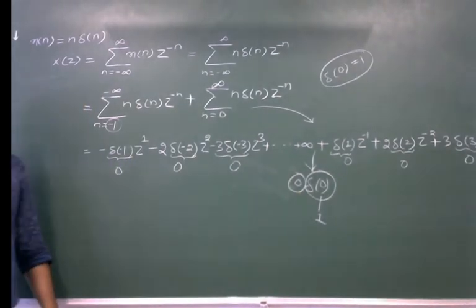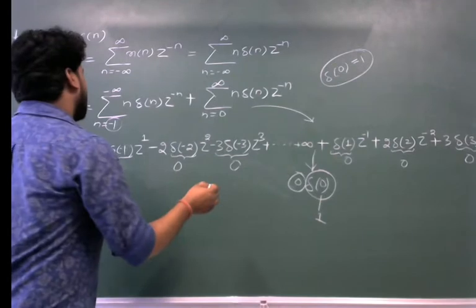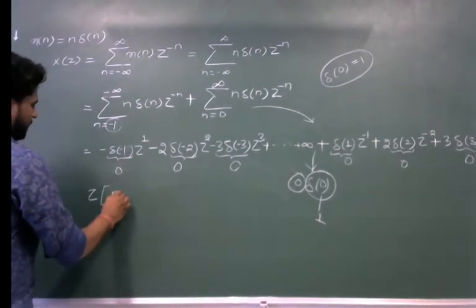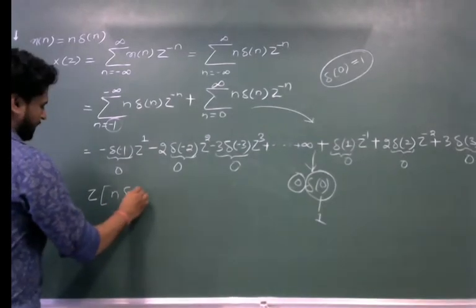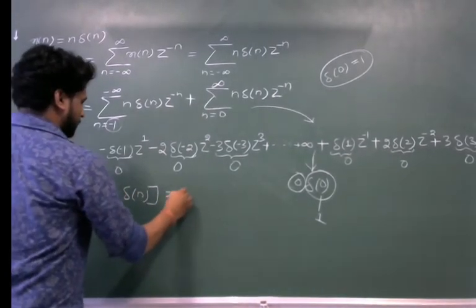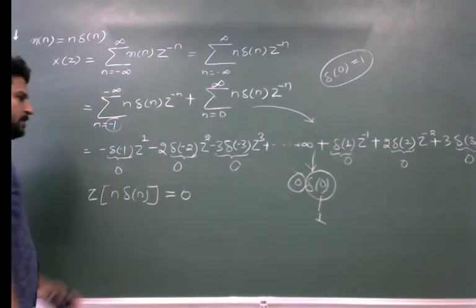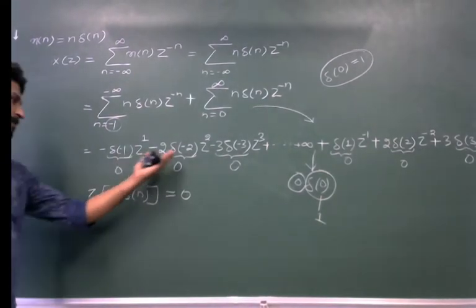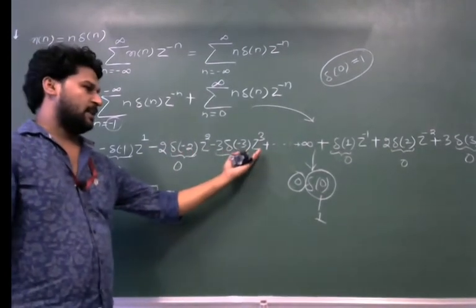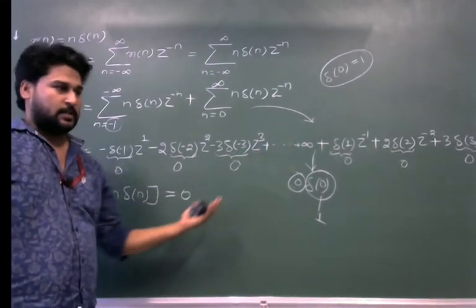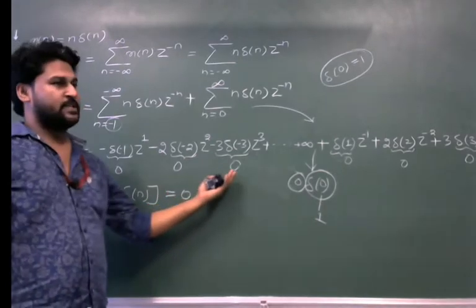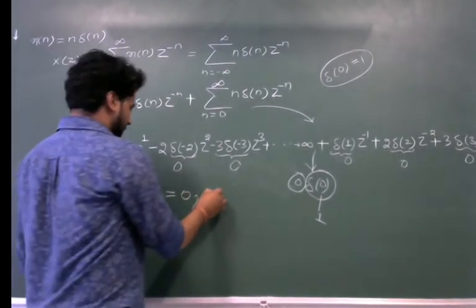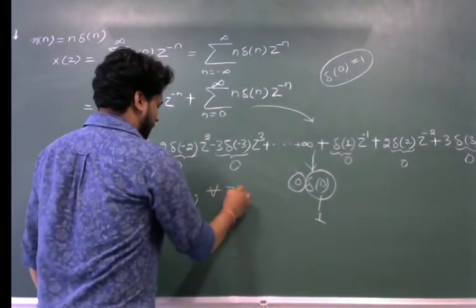It means that the Z transform of the given sequence n into delta n will be equal to 0, and this is for all the values of z. The value of z doesn't matter here. Whatever the value of z, this sequence is going to be 0 because of this delta function. So this will happen for all values of z.